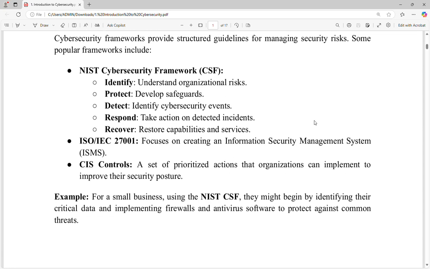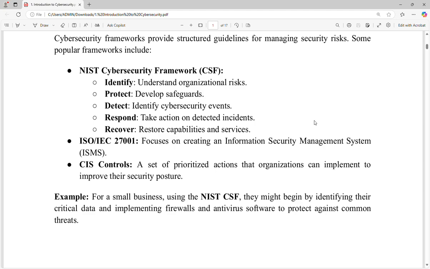Here is an example for a small business using the NIST CSF cybersecurity framework. They might begin by identifying their critical data and implementing firewall and antivirus software to protect against common threats.